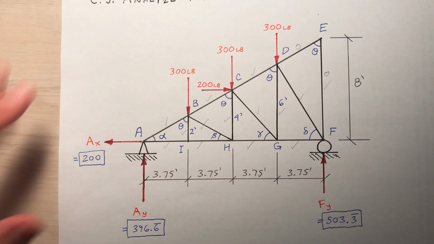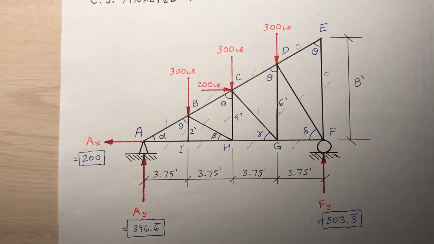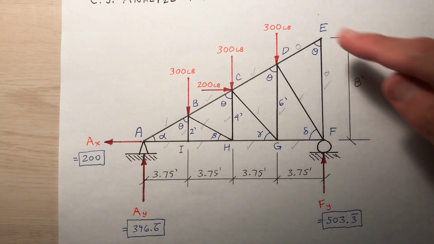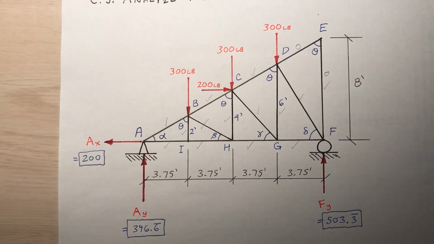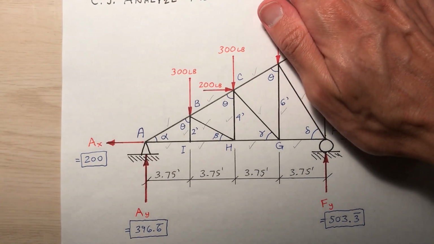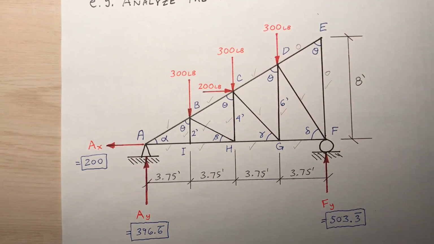Everything comes together correctly. So if I have a 0 bar, does that mean that I can just take it out? Can I just remove DE and FE if those are 0 force members? Can I take those out? Technically yes, but this is a textbook style problem where we've got loads acting at specific locations, or point loads.